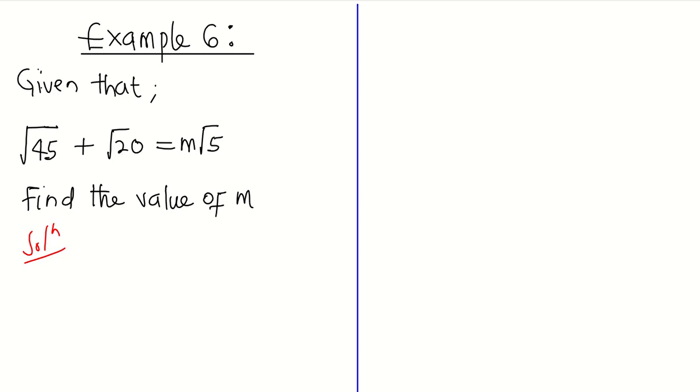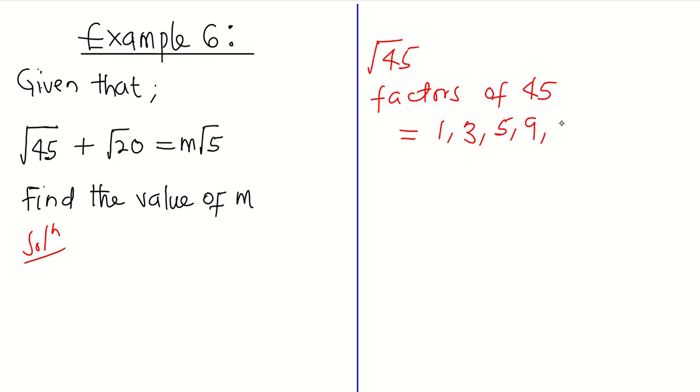So we have to do that in our solution, which means when we consider square root of 45, we have to find the factors of 45. The factors of 45 are 1, 3, 5, 9, 15, and 45.